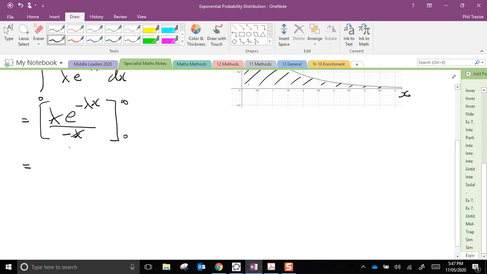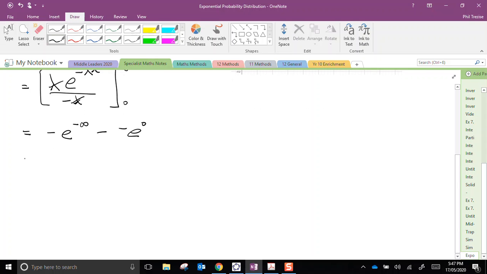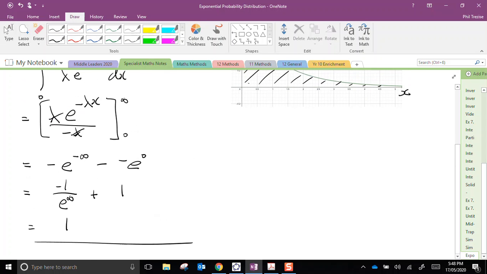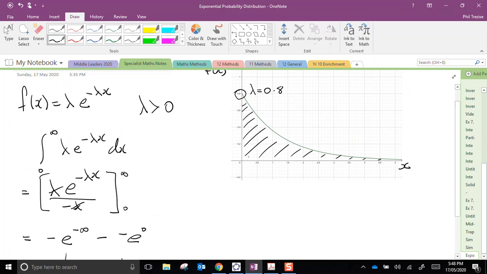I will end up with negative e to the power of negative infinity, subtract negative e to the power of 0. Well, that's going to be negative 1 over e to the power infinity, plus 1. And dividing by a very, very large number tends to 0. So the answer is 1, as required. This thing does have an area of 1, no matter what the value of lambda.